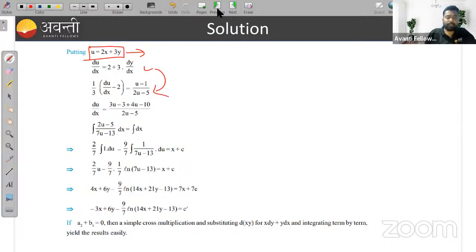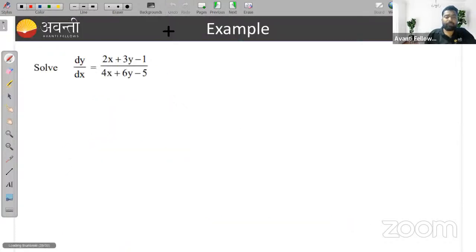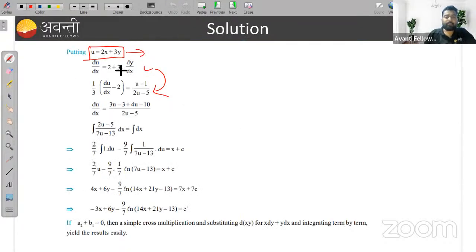So after putting this, 1 by 3 du by dx is equal to 1 by 3 into dy by dx minus 2. After putting this in place of dy by dx, and in place of 2x plus 3y we are putting u, so u minus 1 upon 2u minus 5.